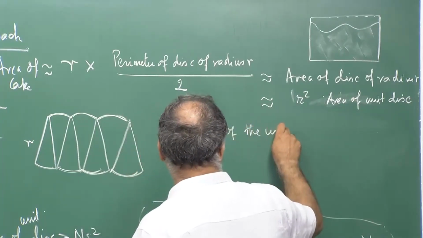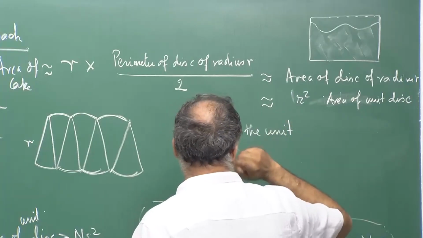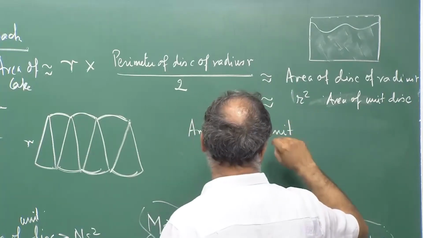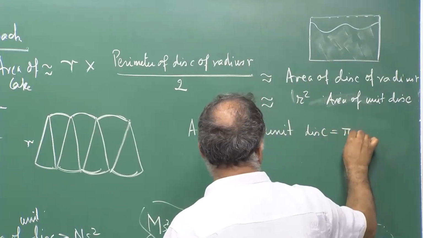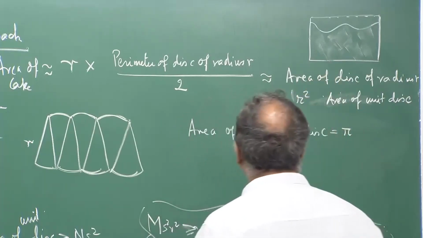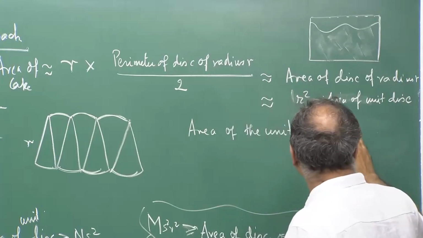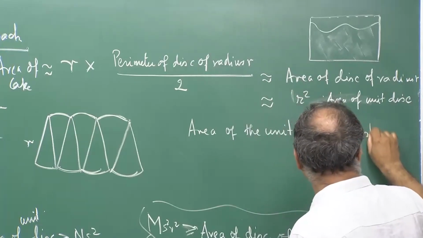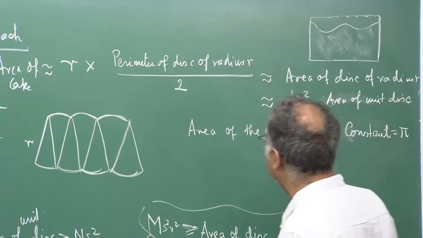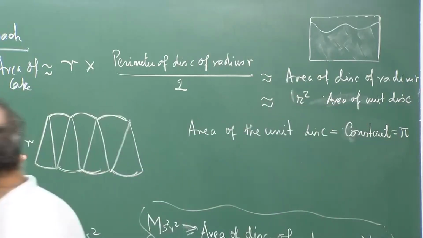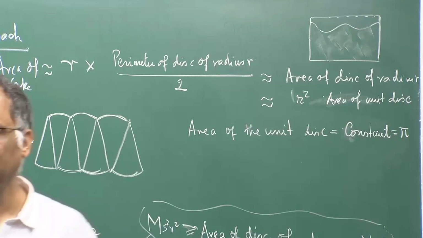Of course, you can ask me how this pi came, and I will give you some idea. The area of the unit disk is pi, just a constant. I am writing it as pi because we already know something about it. This is a constant number, because obviously it cannot be changed.